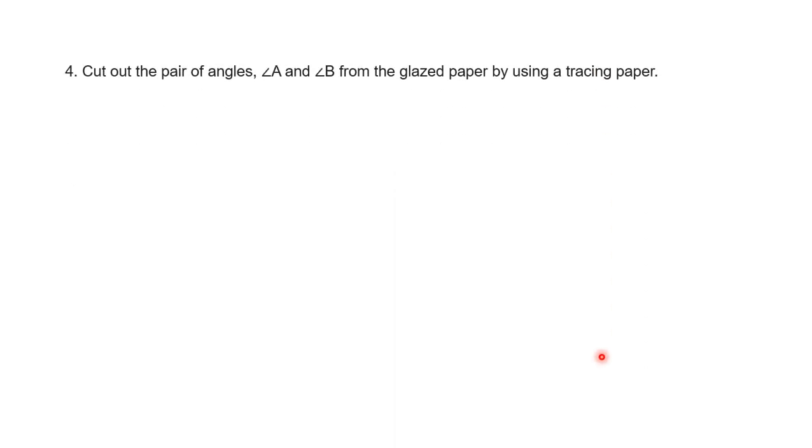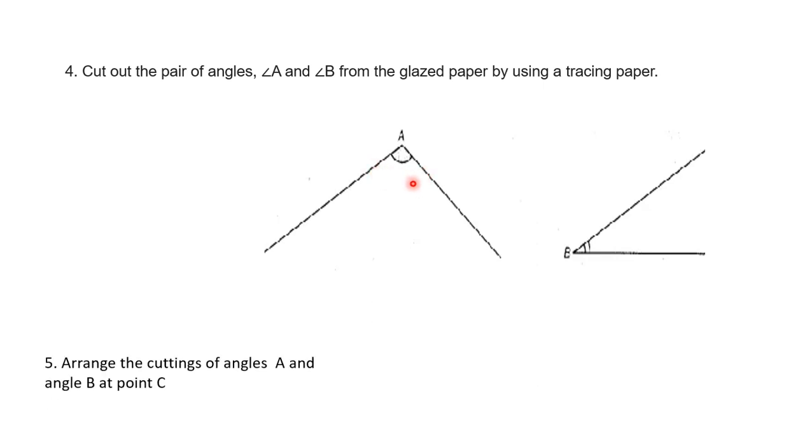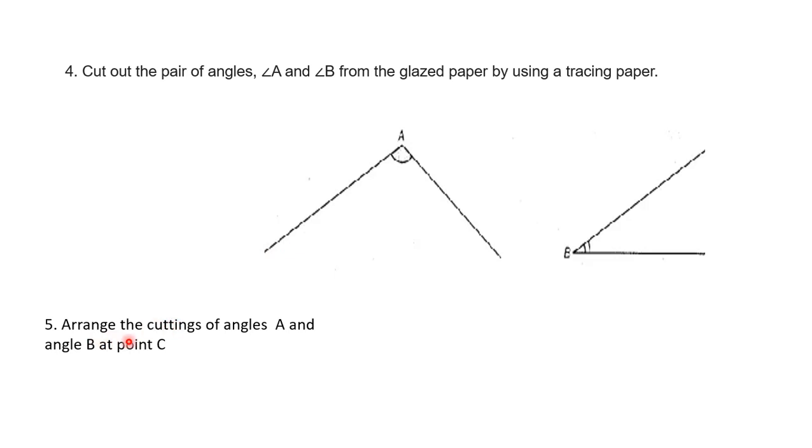Then next step, you have to cut out the pair of angles, angle A and angle B, from a glazed paper, or you can say by a tracing paper, and then these two cutouts of angle A and angle B we have to arrange at the point C like this.